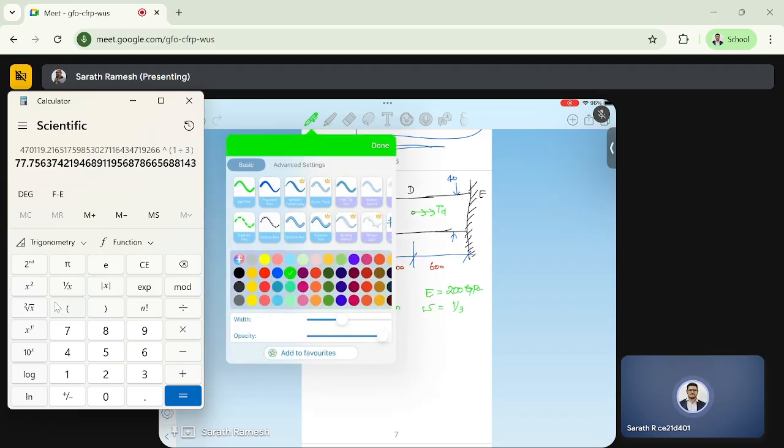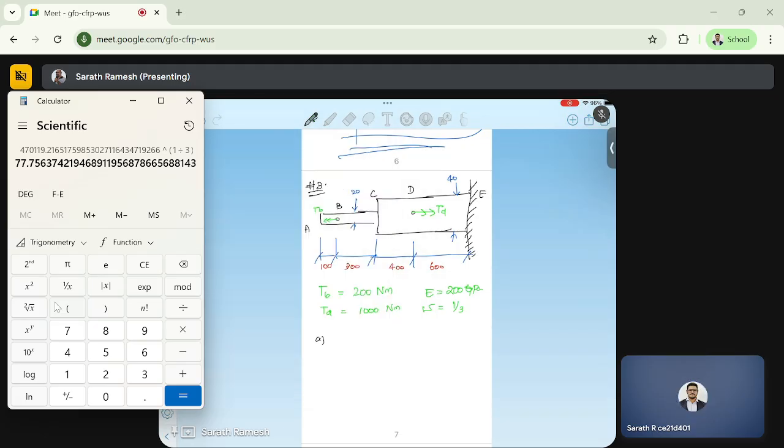Now what we need to find? We need to find the following: magnitude of torque at E, TE equal to what, and magnitude of angle of twist: phi at A equal to what in terms of 10 to the power minus 3 radians, phi C equal to what in terms of 10 to the power minus 3 radians, and phi D equal to what in terms of 10 to the power minus 3 radians.